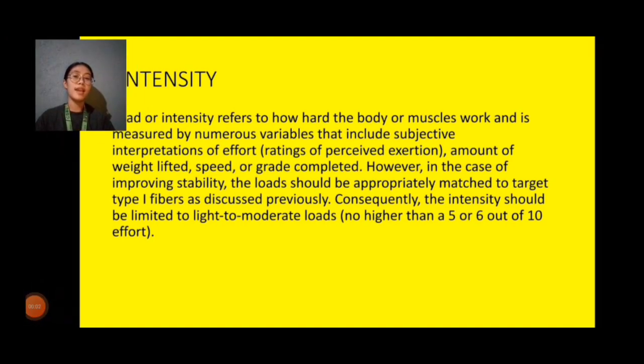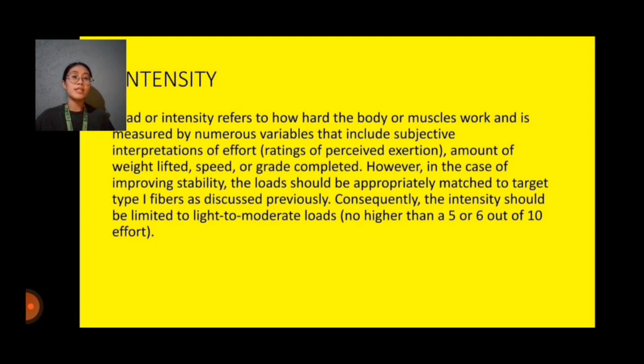Next is intensity. When we say intensity, load or intensity refers to how hard the body or muscles work and is measured by numerous variables that include subjective interpretation of effort, ratings of perceived exertion, amount of weight lifted, speed, or grade completed.